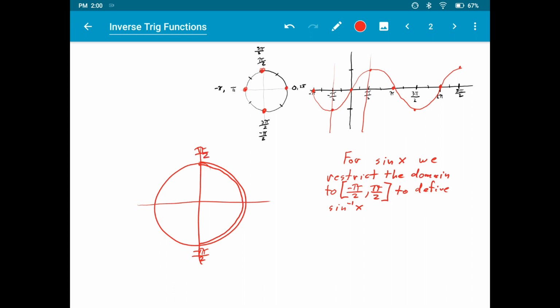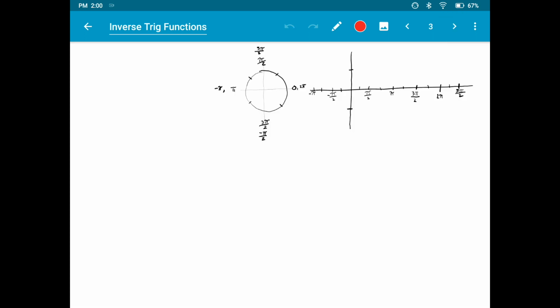We can do the same kind of thing with cosine of x. For the cosine of x, if we graph that at negative pi, the cosine of x is negative 1. At negative pi over 2, we're looking at the x value, so the cosine of negative pi over 2 is 0.